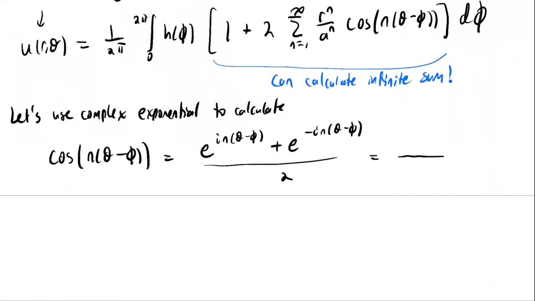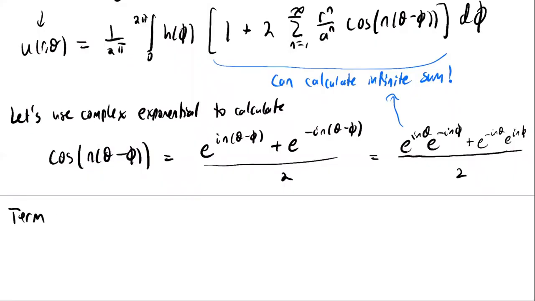But I can rewrite this now as e to the i n theta, e to the minus i n phi, plus e to the minus i n theta, e to the i n phi, over 2, right? And so I'm going to plug these in here.